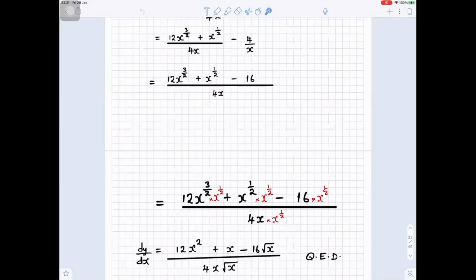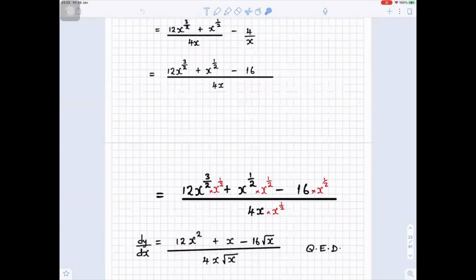So what we're going to do is, when we multiply x to the half times x to the half, half plus half gives you 1. 16 times x to the half, we can just write it as 16 times square root of x. And 4x times x to the half will give you 4x to the 3 over 2, or you can just write 4x and then x to the half.